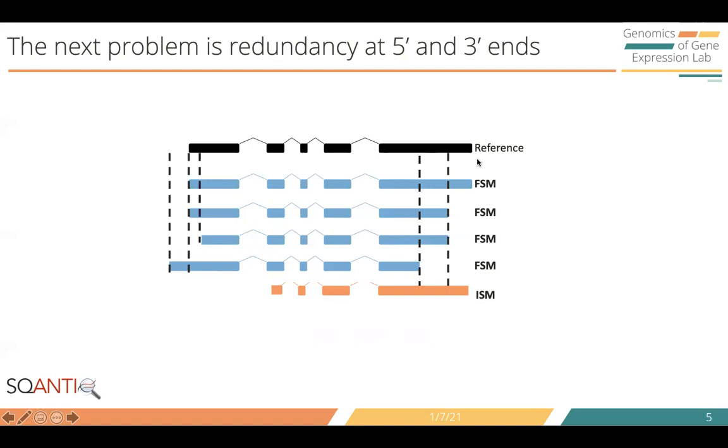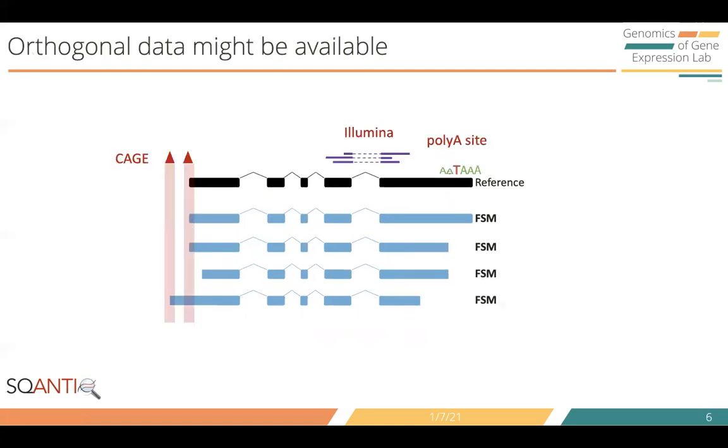We are now willing to make some contributions to take care of this redundancy and remove artifacts from the data. So we are adding CAGE peaks and, if available, also Illumina reads and polyA site motifs to the set of SQANTI QC features.